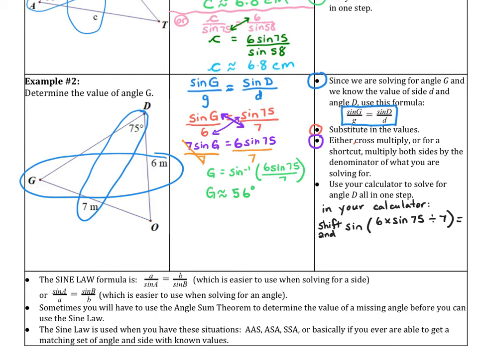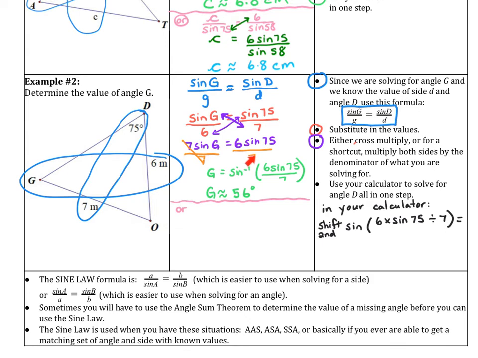Now remember, you can do a half cross multiply instead, because the 7 that you multiplied with this to move to the left, when you isolated sine g, ended up back to where it started from.